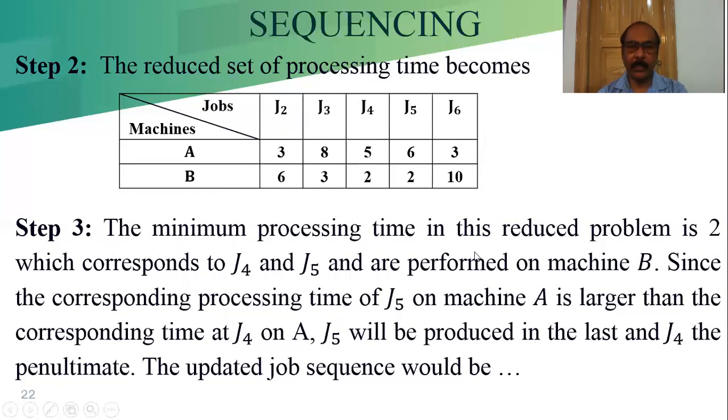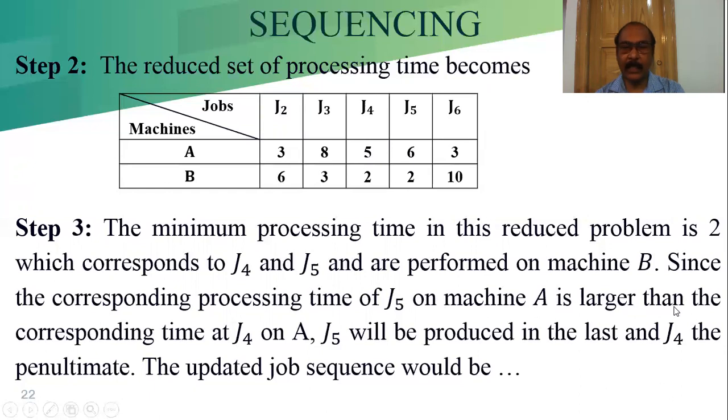The minimum processing time in this reduced problem is 2, corresponding to J4 and J5, performed on machine B. Now we compare the corresponding times on machine A: 6 is greater than 5.